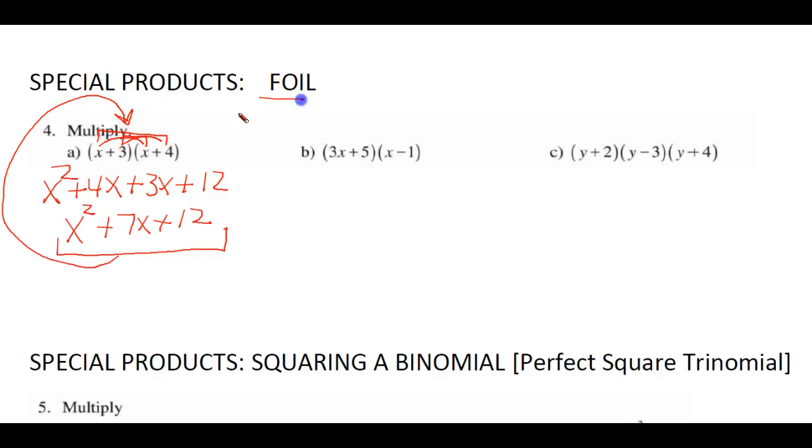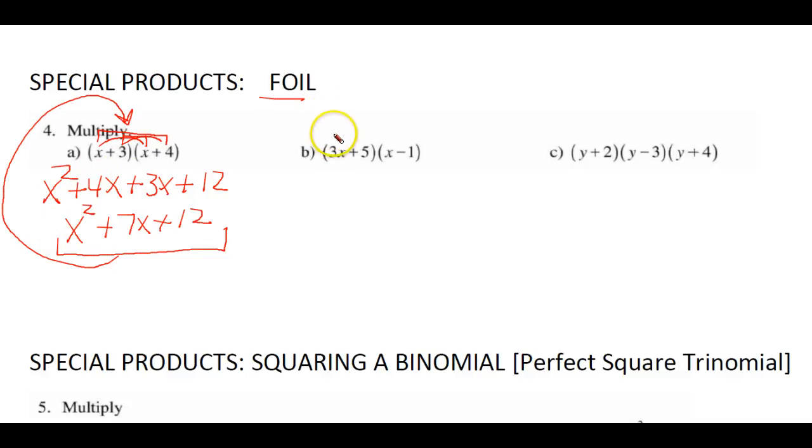Now, foiling is easy, relatively speaking, because we know what we have to do. Factoring involves a certain skill of what were the factors that gave us this. So, sort of keep this in mind.